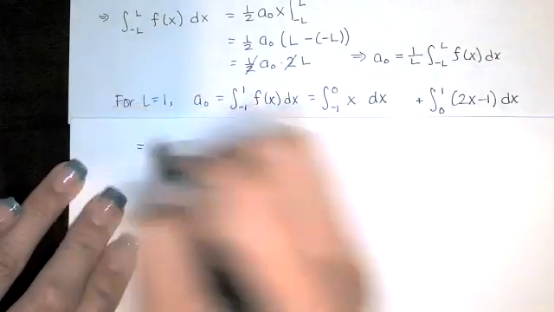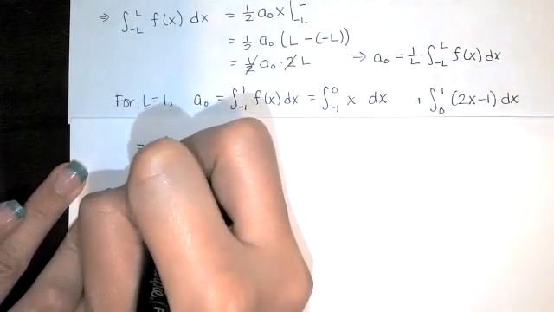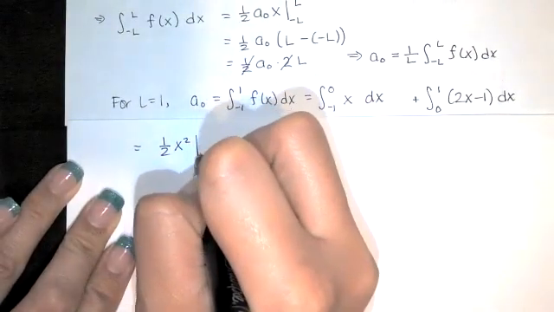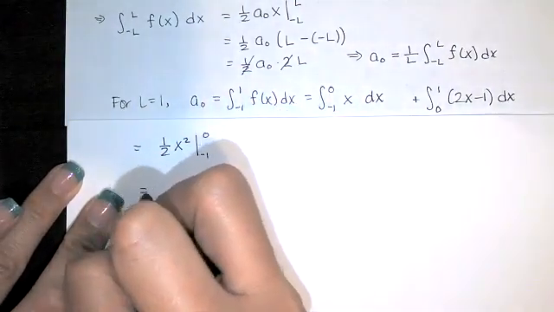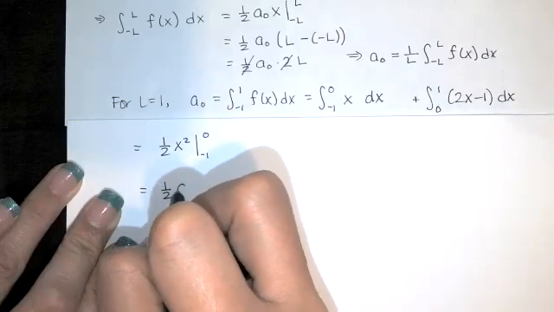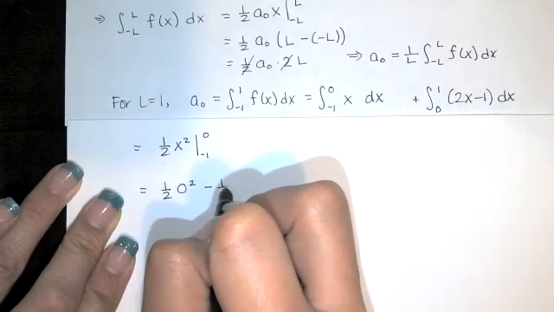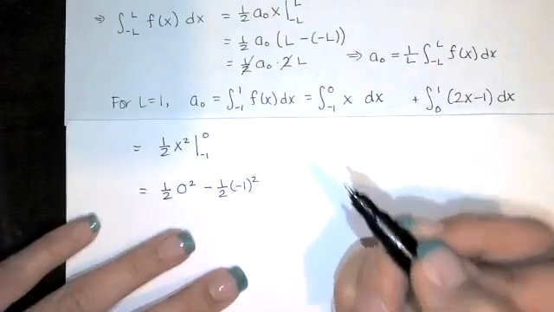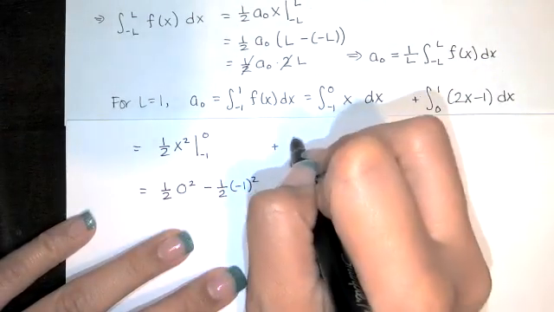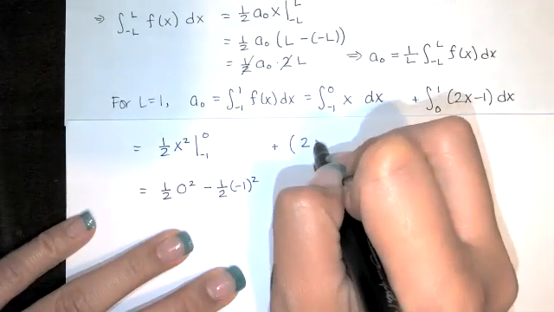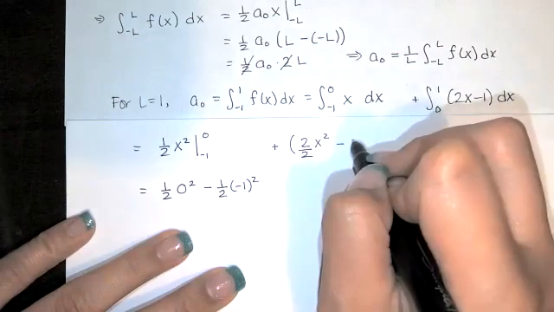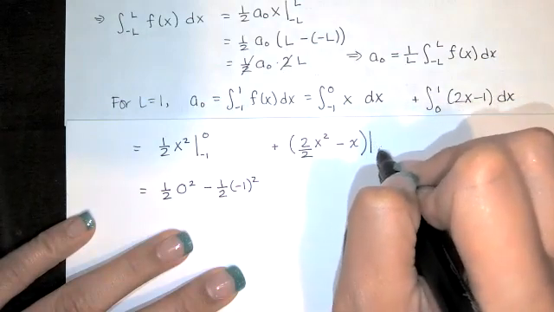Easy breezy. Just use the power rule here. So you add 1 to the exponent and divide by the new exponent. Substitute in -1 and 0 and subtract. So you have 1/2 times 0 squared minus 1/2 times -1 squared. Over here, you can bring your 2 down, add 1 to the exponent, divide by the new exponent. The antiderivative of -1 with respect to x is just x.